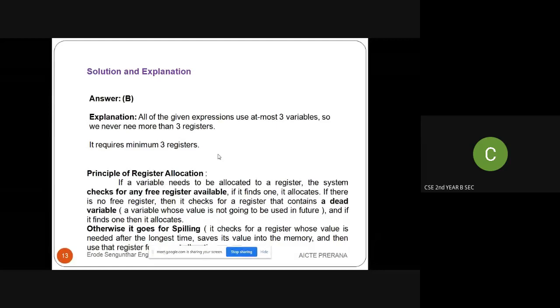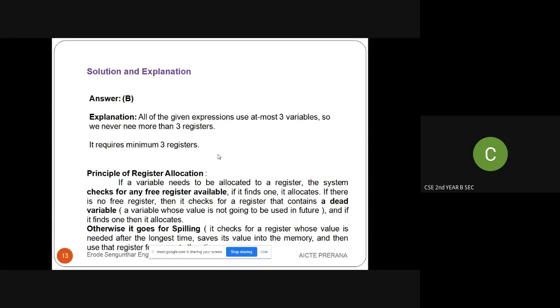Suppose there is no free register available in the computer, then it checks for a register that contains a dead variable. What is meant by a dead variable? It is a variable that is not used any further after being allocated, and then it is considered a dead variable.